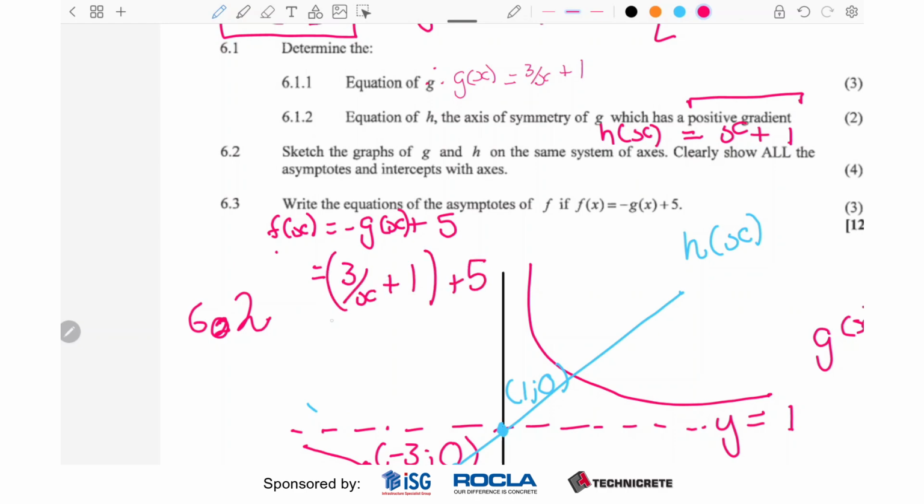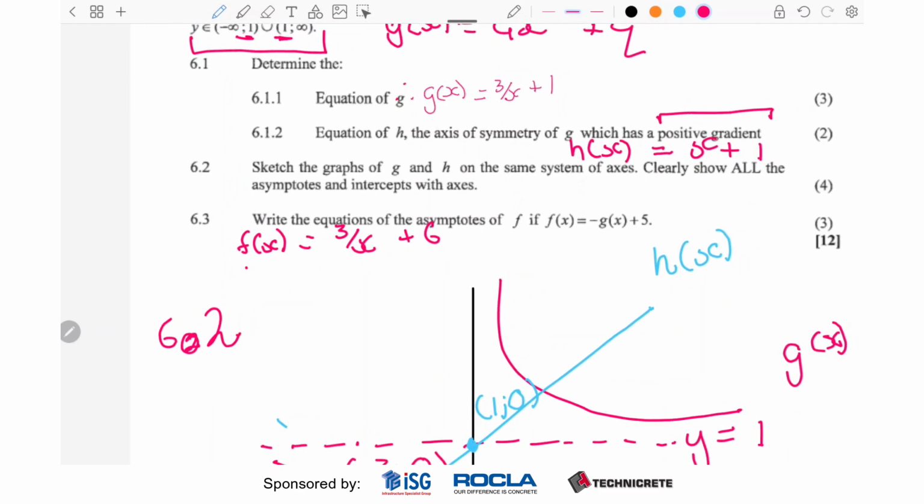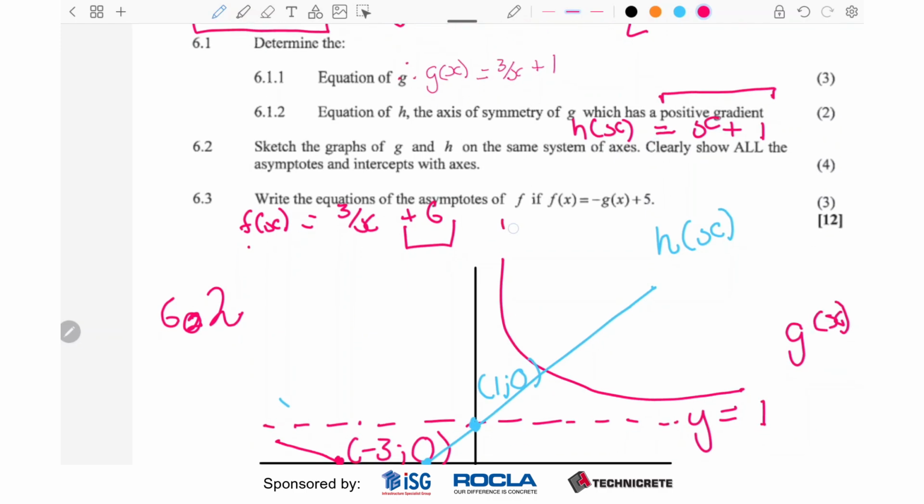And we have to add 5 to that, which will mean that will be 3 over x plus 6. Therefore, f of x is equal to 3 over x plus 6. This means the asymptote of f of x will be this value here. So it will be y is equal to 6.